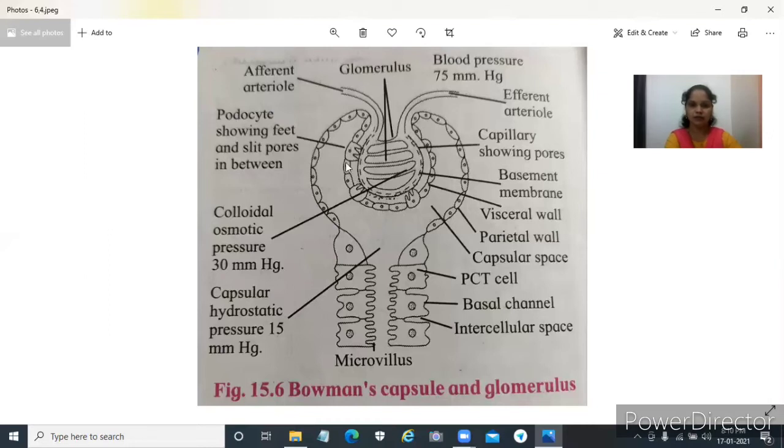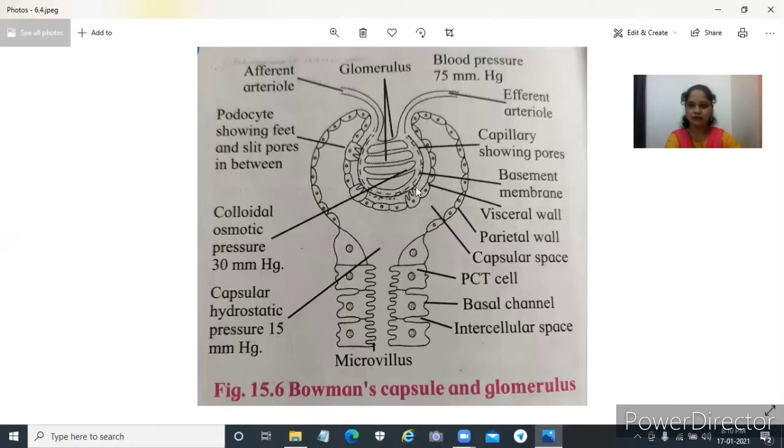Now, this one layer is the parietal layer and it is a semi-permeable membrane, while only this part functions in ultrafiltration, because of the semi-permeable membrane as well as the podocytes, where filtration slits are present. The parietal wall does not take part in ultrafiltration because there are no filtration slits. So only the visceral wall takes part in ultrafiltration.